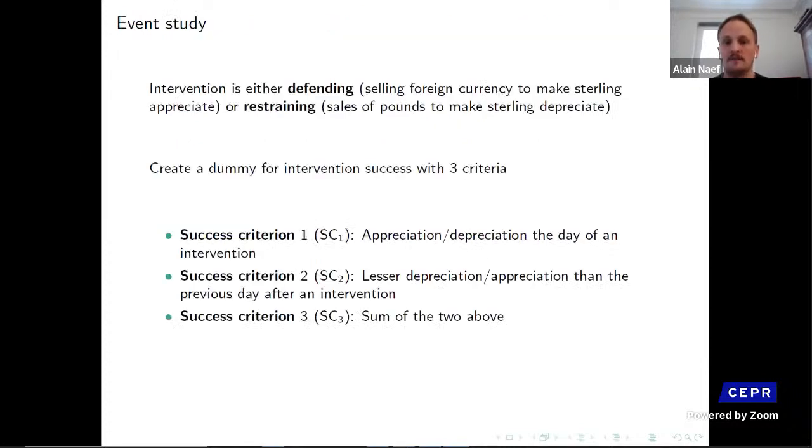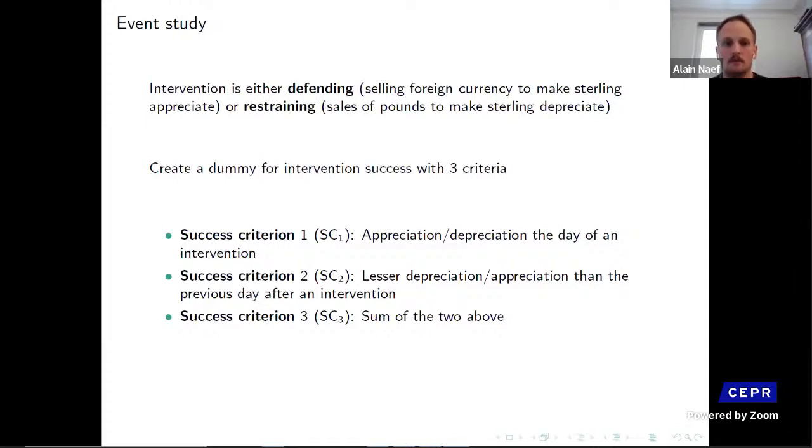So how does this event study work? This is inspired from some work by Bordo, Humpage, and Schwartz in their 2015 book. I'm using the same methodology, which allows us to compare results. But essentially, this methodology is also used more or less similarly in other papers dealing with intervention efficiency.